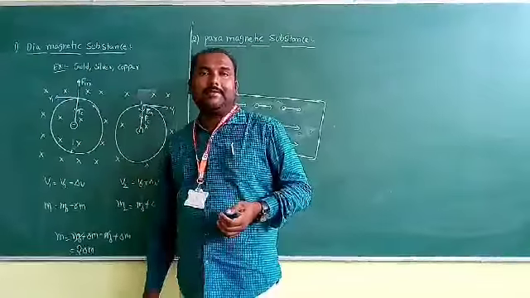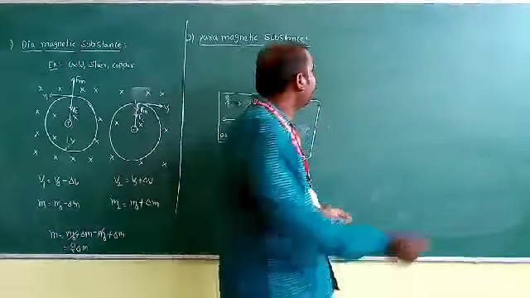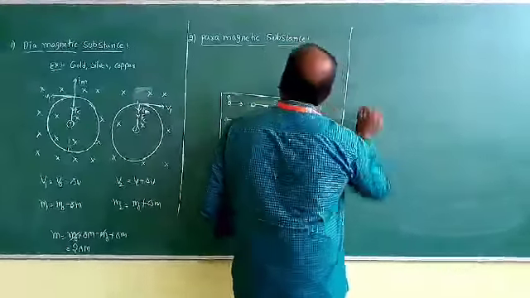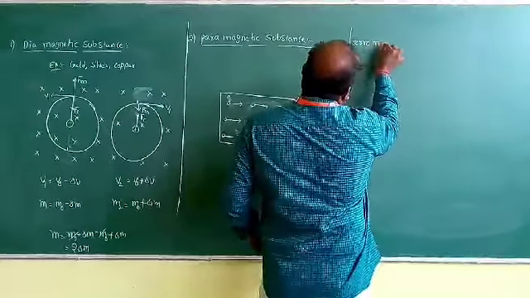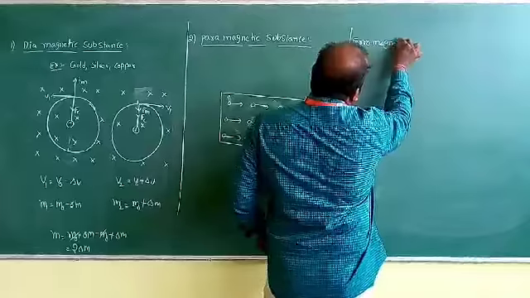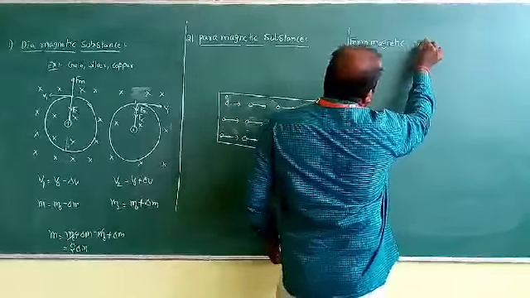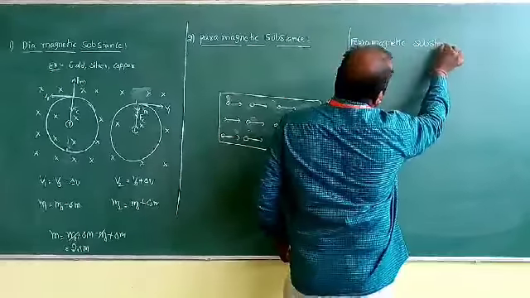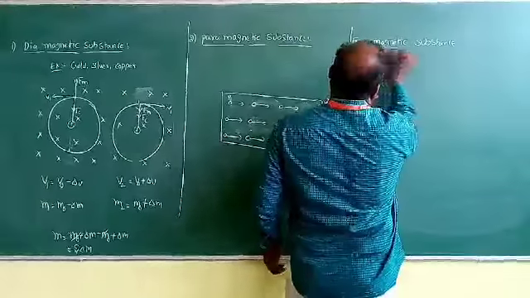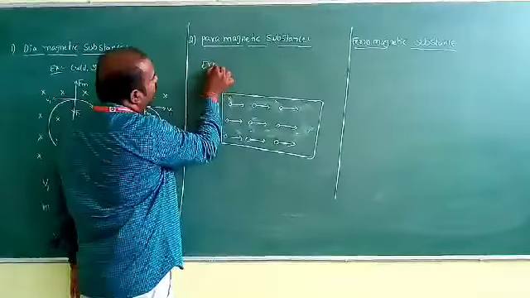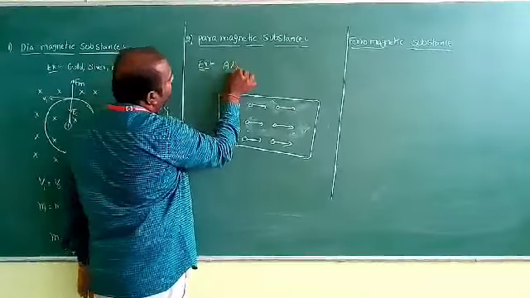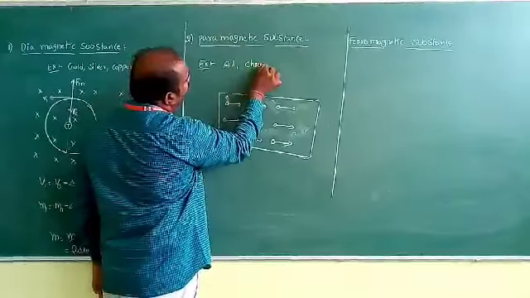That we call a paramagnetic substance. And the third one is ferromagnetic substance. In paramagnetic substances, the examples are aluminium and chromium.